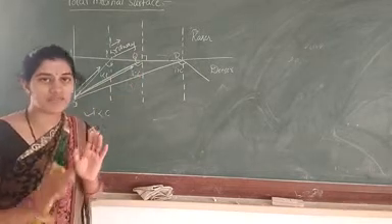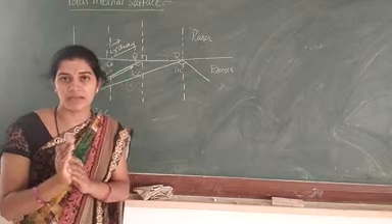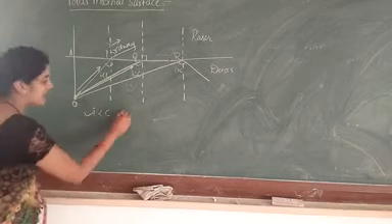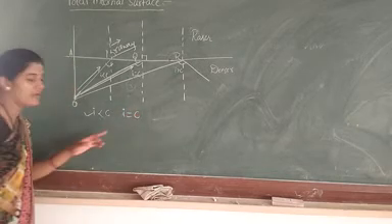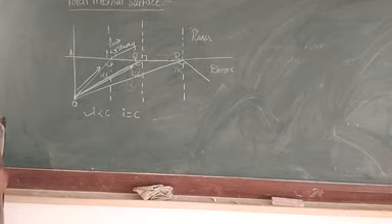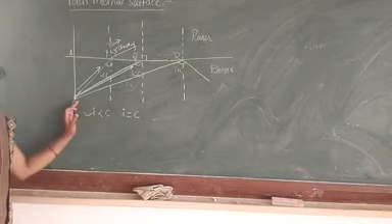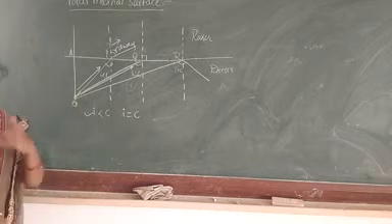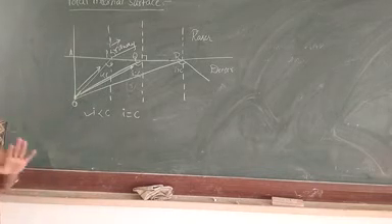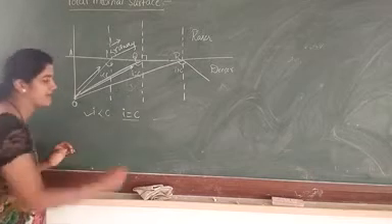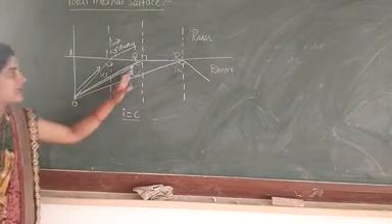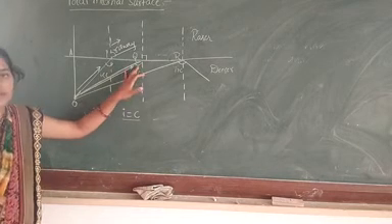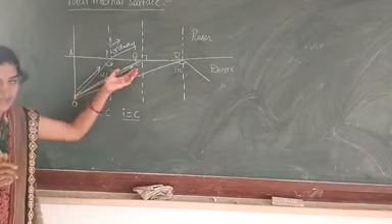When the ray of light passing from the denser medium to the rarer medium does not go into the rarer medium, at that time we are getting I is equal to C. Here it will travel along the separation of the surface, along the OQ ray.